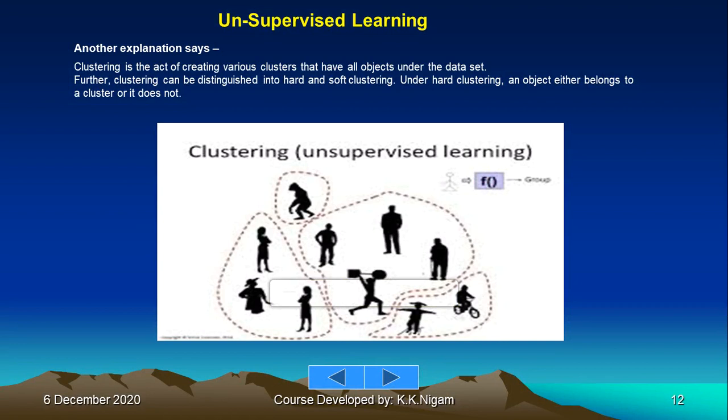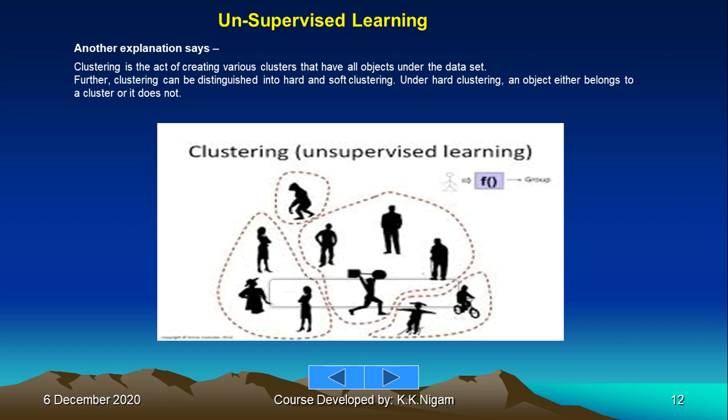Another explanation says that clustering is the act of creating various clusters that contain all objects in the data set. Further, clustering can be distinguished into hard and soft clustering. Under hard clustering, an object either belongs to a cluster or it does not, as you can see in the picture.